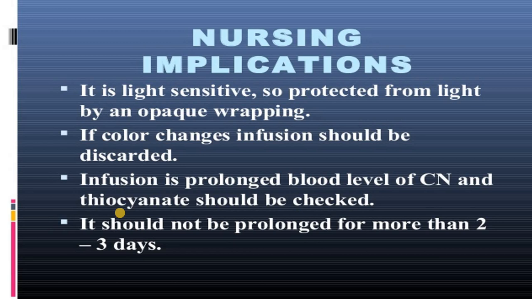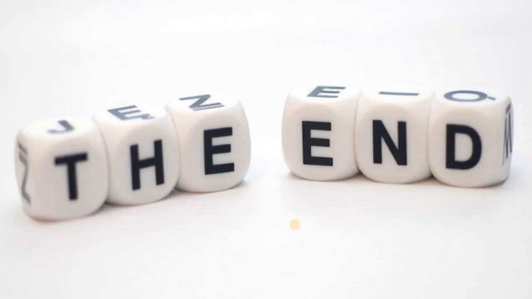It should not be prolonged. Any antihypertensive drug given through the NTG infusion pump, at that time you should change it on alternate days. Okay, this is the end of this topic.